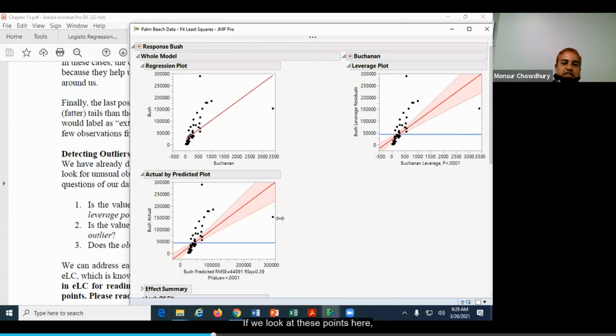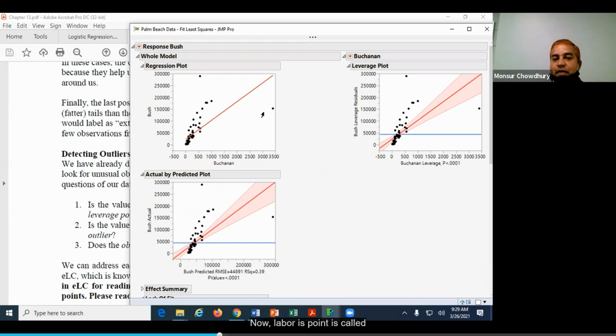This point here has a large x value, and the y value is not so large. What about this one? We have a large y value, but the x value is not so large. When we have a large x value and it has an influence on the slope, we call it an influential observation. Otherwise we usually call it a leverage point. When we have a large y value, we call it an outlier.